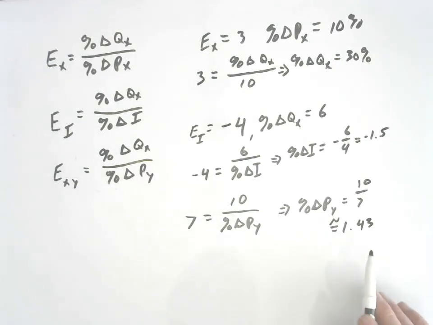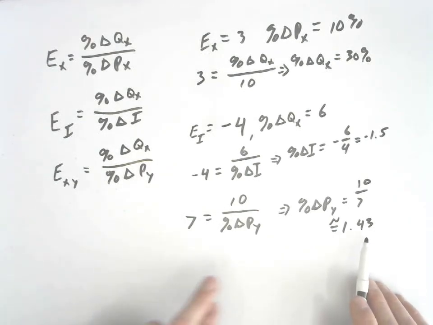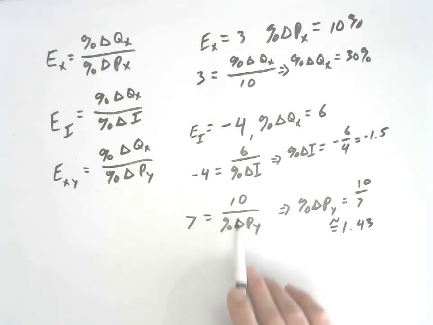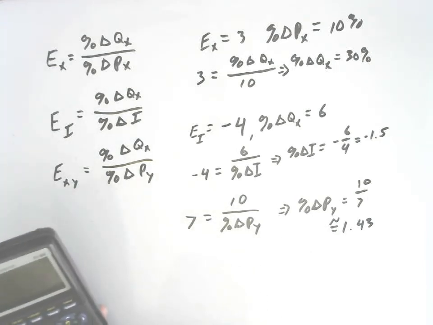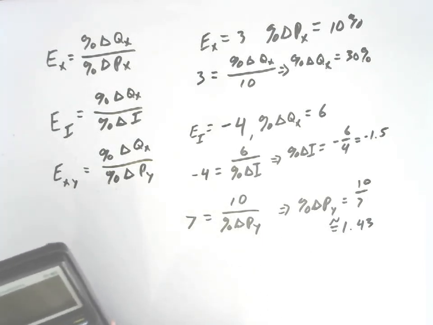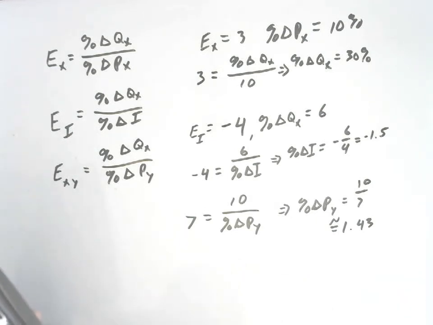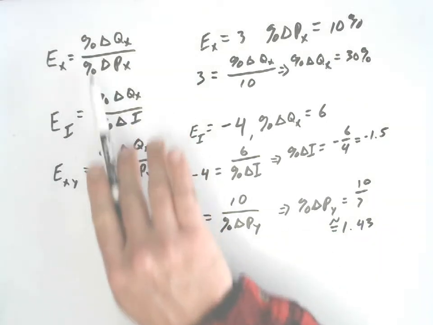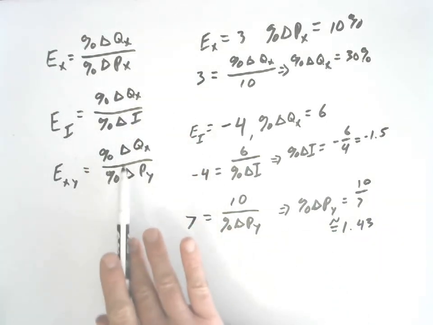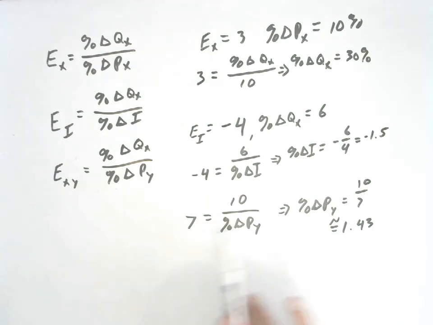And again, if I plug this back in and I ask what is 10 divided by 1.43, I get 7. So just remember that these general formulas are useful not just in the conceptual sense, but also if I'm missing some component of these general formulas and I have the other two, I can back the missing one out.